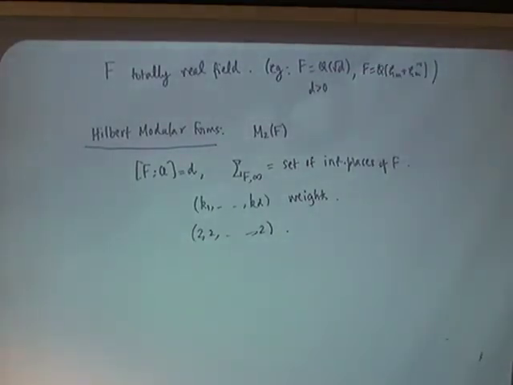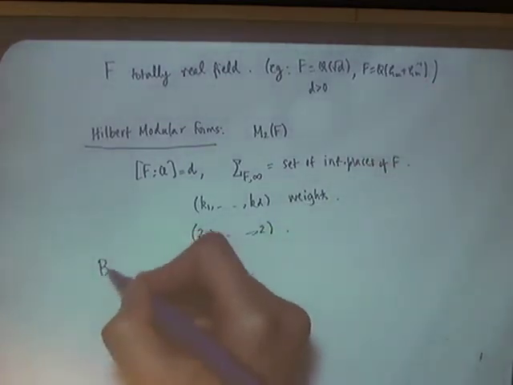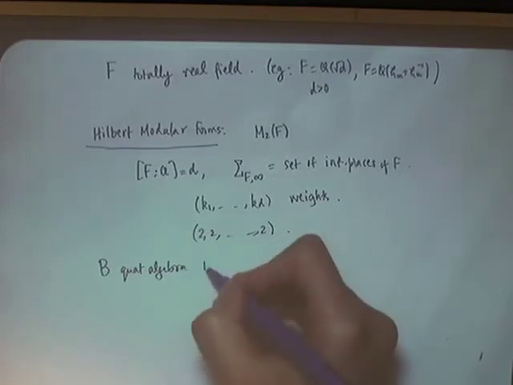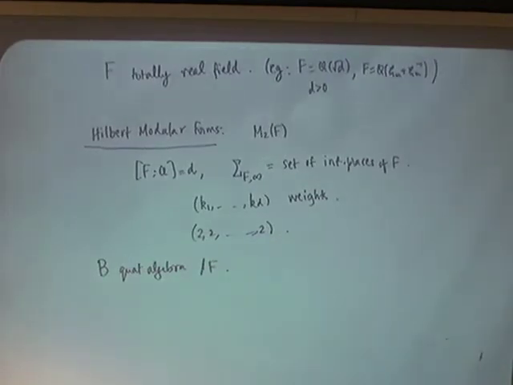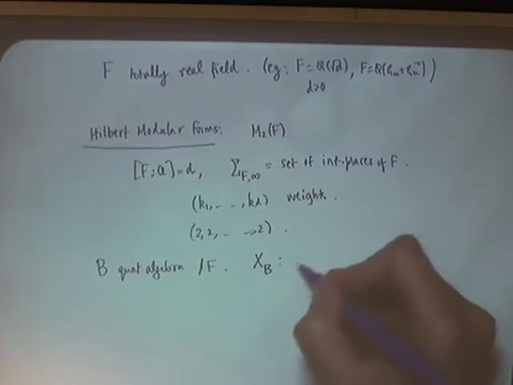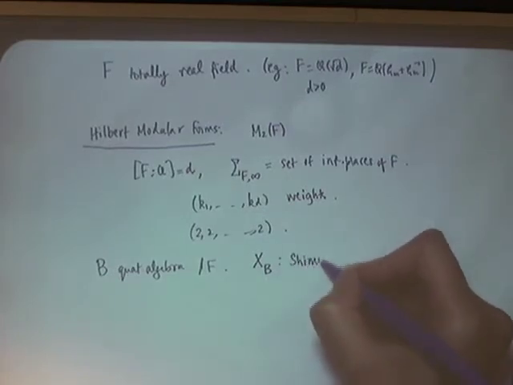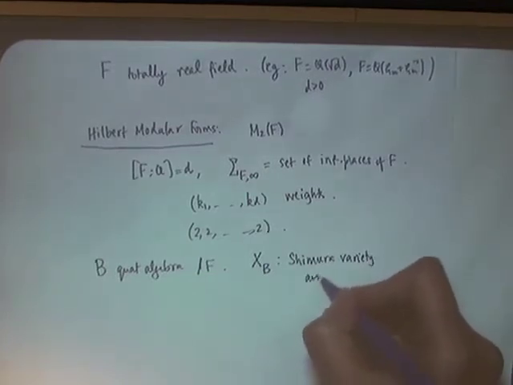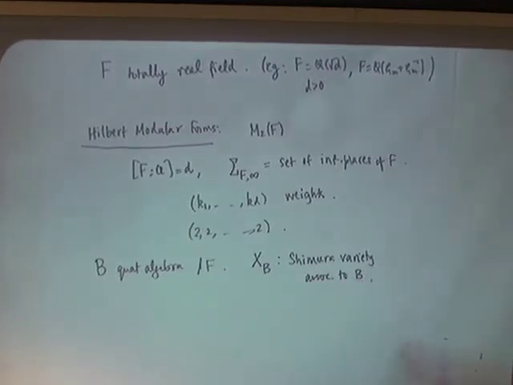All right. Now, just as in the case of Q, instead of looking at the matrix algebra M2 of F, you could take a quaternion algebra B over F. And you could define the analogous notion of quaternionic modular forms or quaternionic Shimura varieties. So X sub B will be a Shimura variety associated to B. It's not important for you to know exactly what this is, except you should know what its dimension is.